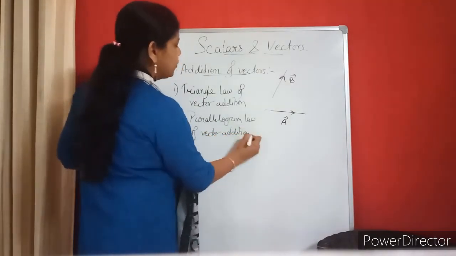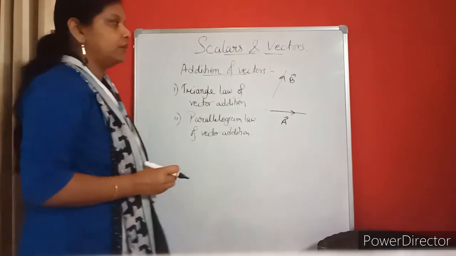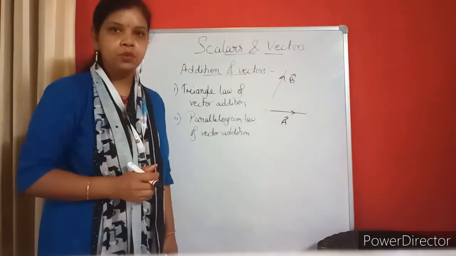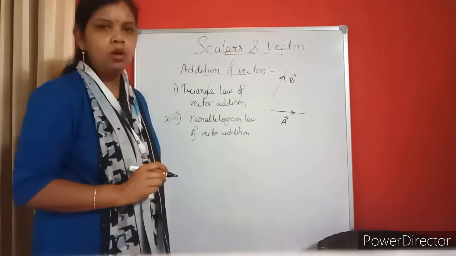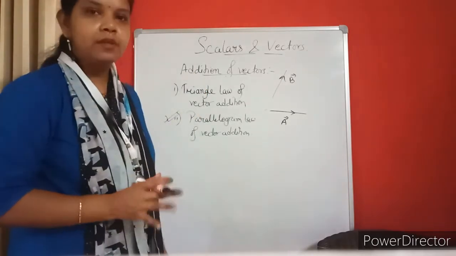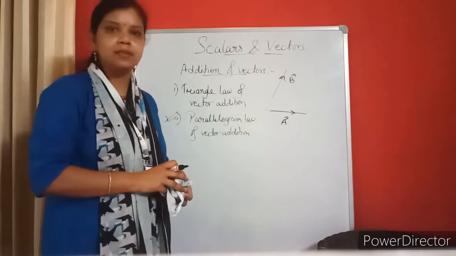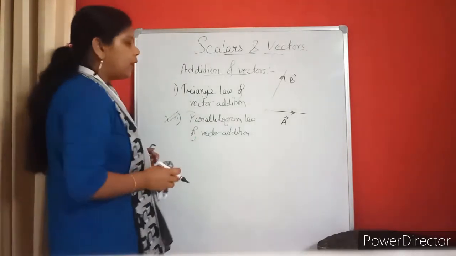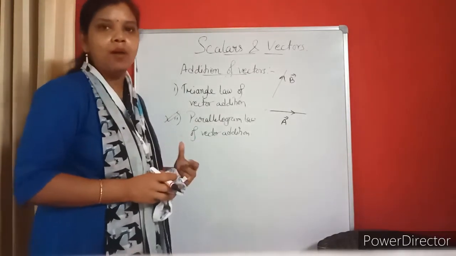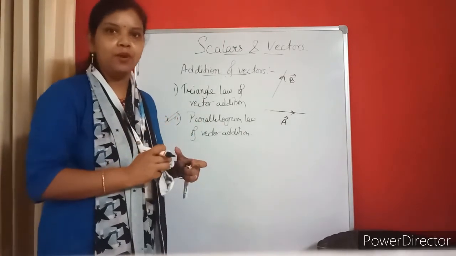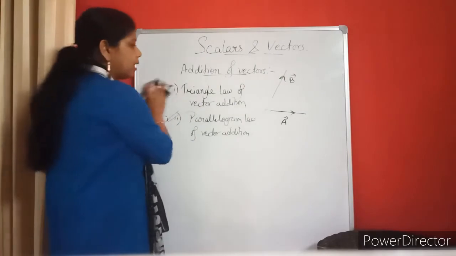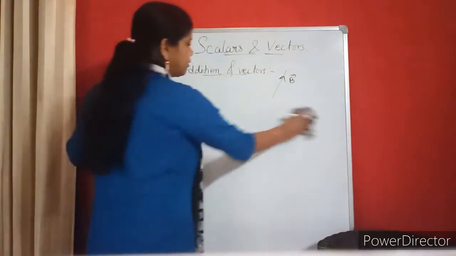So these two rules we can use in order to find the sum of the two. In your NCERT textbook we have discussed the parallelogram law. So we will discuss the parallelogram law first, then we will go to the triangle law in the next class. Parallelogram means there will be something related to a parallelogram. So let us start the parallelogram law of vector addition.